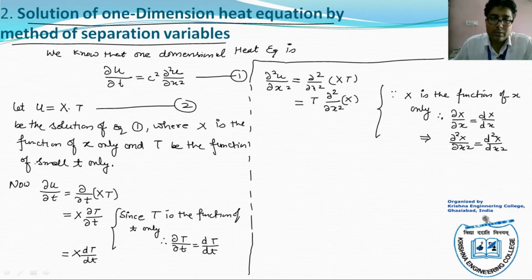Put this value in this, we get d square capital X over dx square.